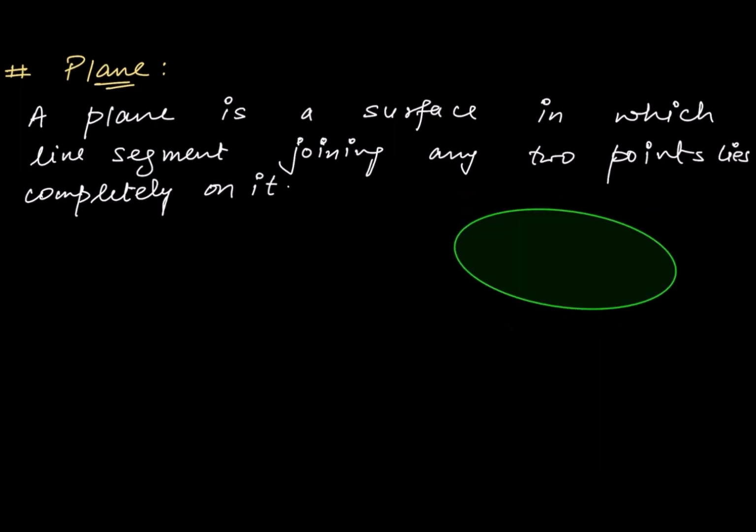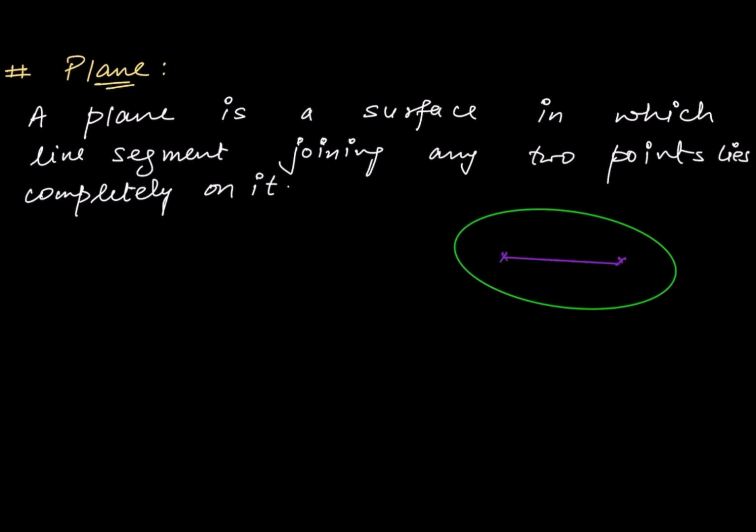Say if this is a plane and there are 2 points in this plane. If the line segment joining these 2 points is this, then this line must be inside this plane. This line completely lies in this plane, right?